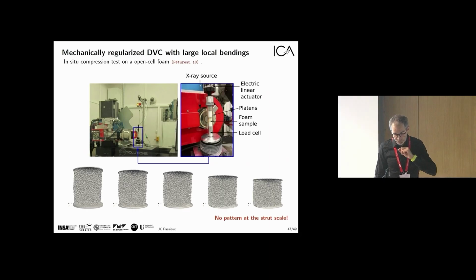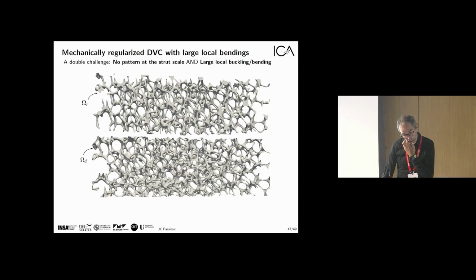I come back to volume image and this compression test on a polymeric foam. Here is the reference and deformed image, and as you can see, there is a crushing that occurs. There are lots of local bendings, very complex, and we try to estimate that using the architecture-driven digital volume correlation.